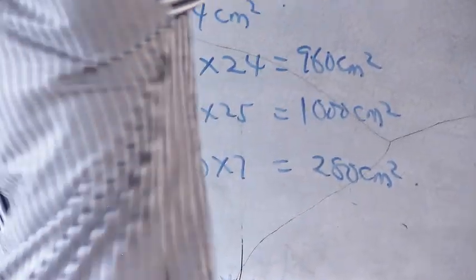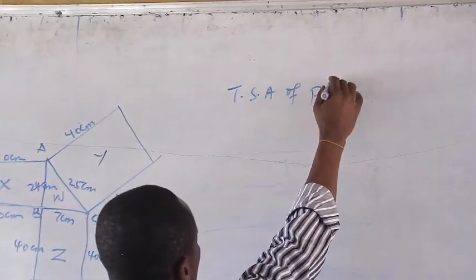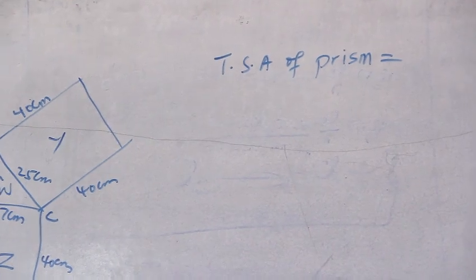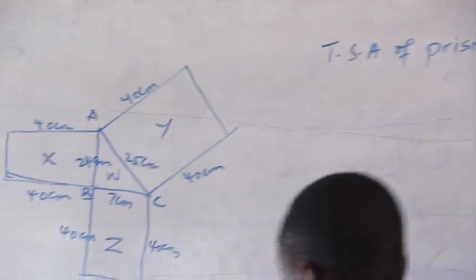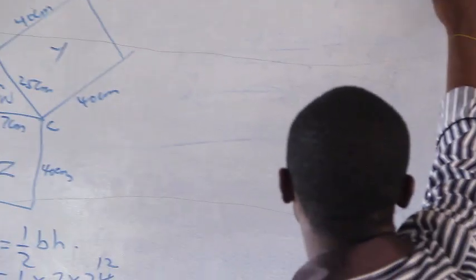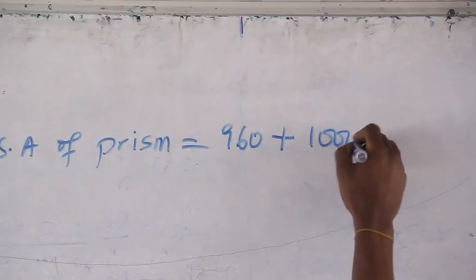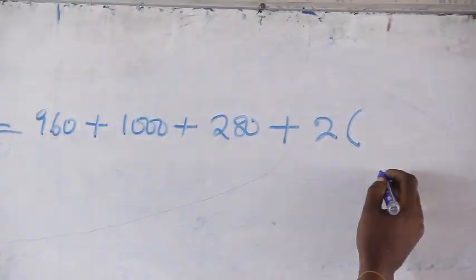Now to find the total surface area of the prism, it is going to be the addition of all these areas that we have. Area of X is 960, plus area of Y is 1000, plus area of Z is 280, plus 2 times area of triangle.